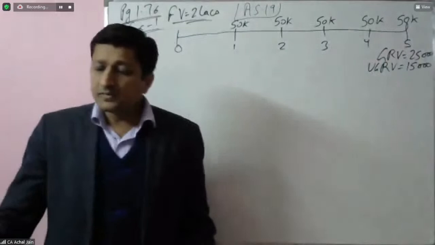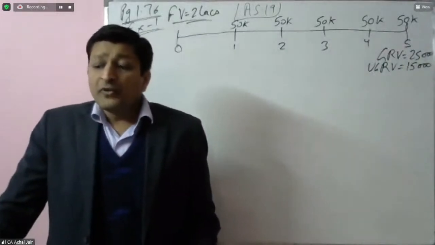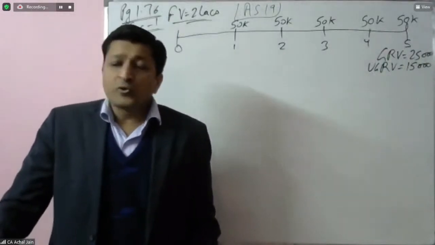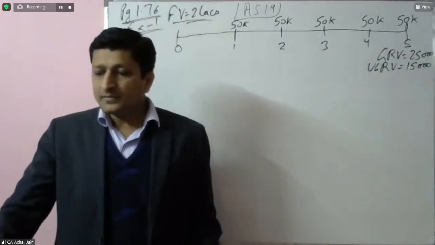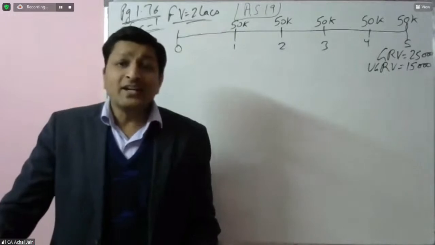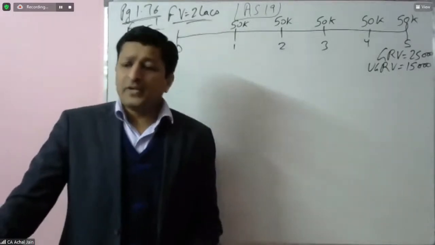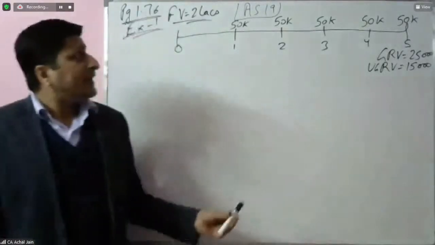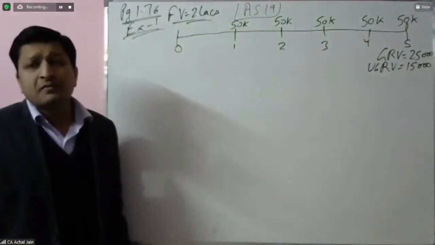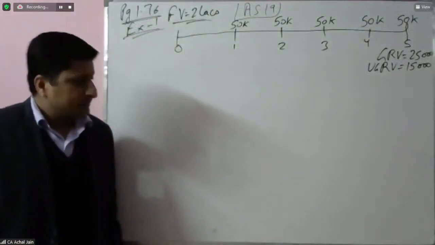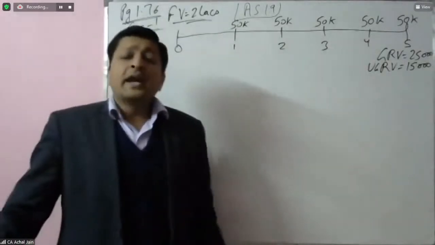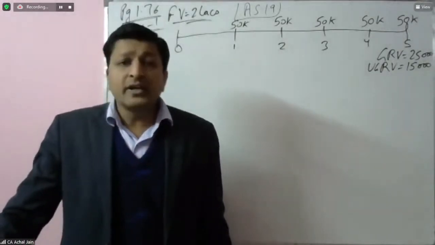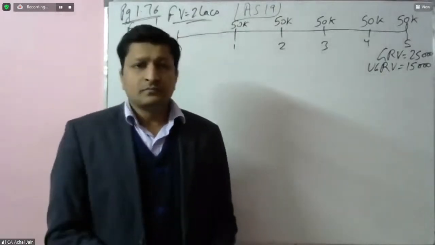Now in this case, whenever the question requires you to compute the interest rate implicit in the lease, we need to assume a rate of interest. Currently, the interest rate is not available, so we need to assume any rate of interest, and using that rate of interest, we need to compute the present value.